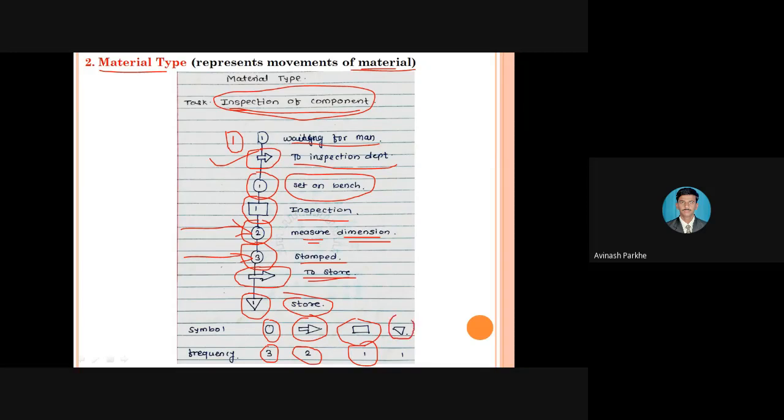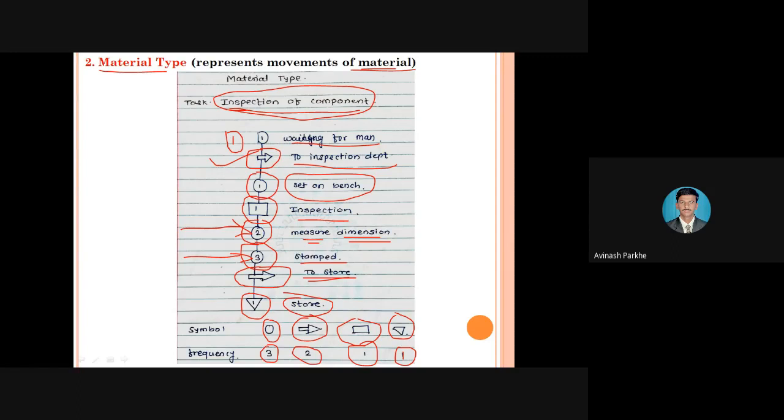And last, it represents the storage. At the end, once the inspection is over, we have to keep the inspected material in the storage device, and only one time we keep that component in storage. So through this material type of flow process chart, only the tasks performed on the material or movements taking place by the materials are represented.